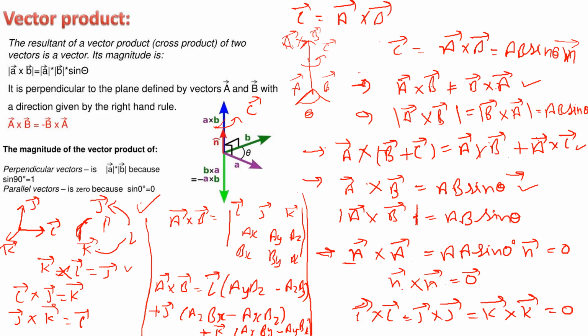And in terms of components, we can say A vector cross B vector is equal to the determinant of i vector, j vector, and so on. We can write this like this.